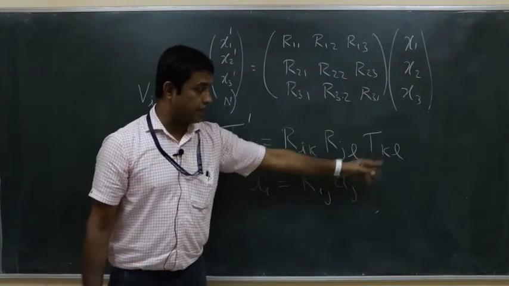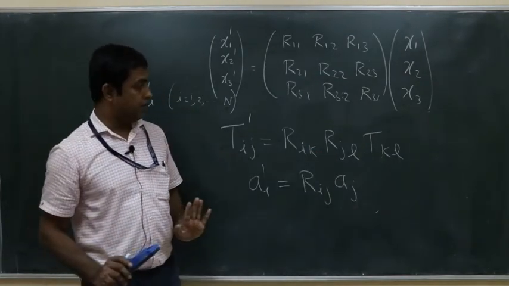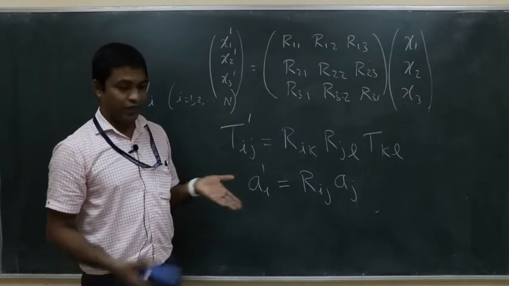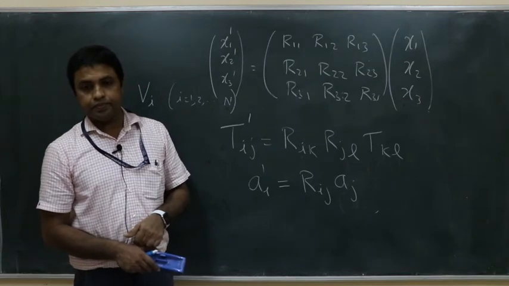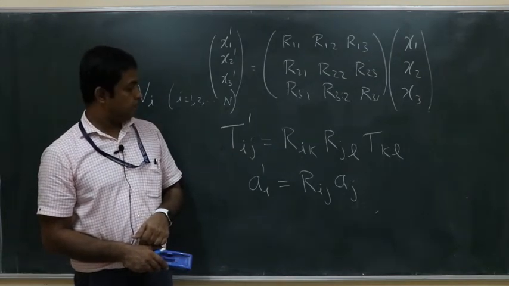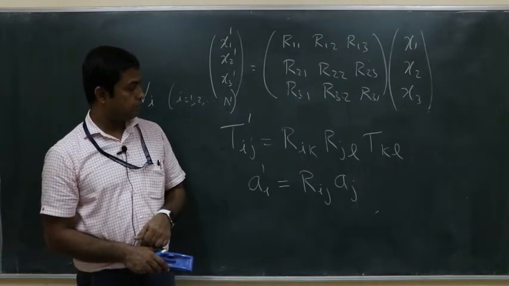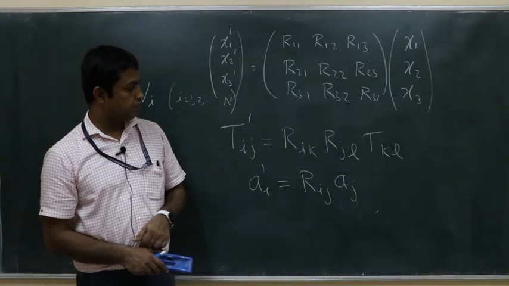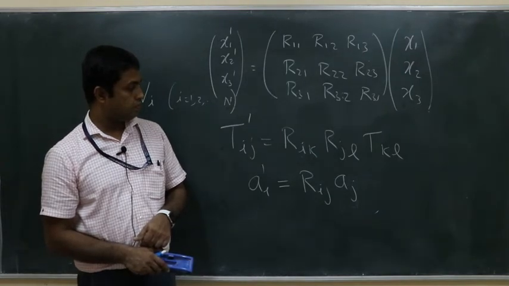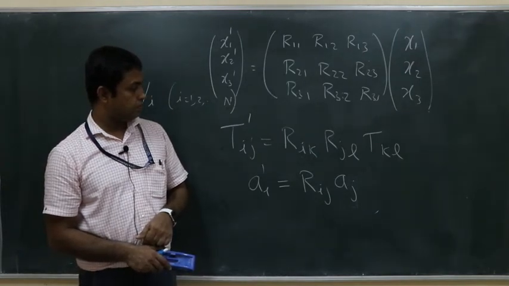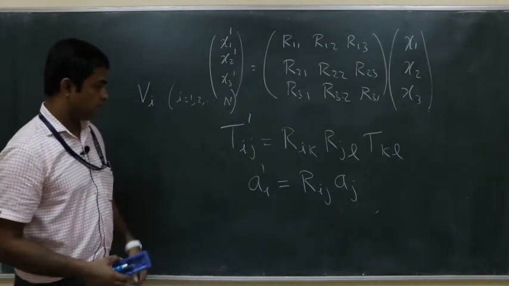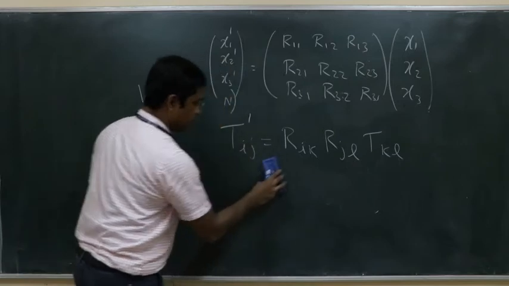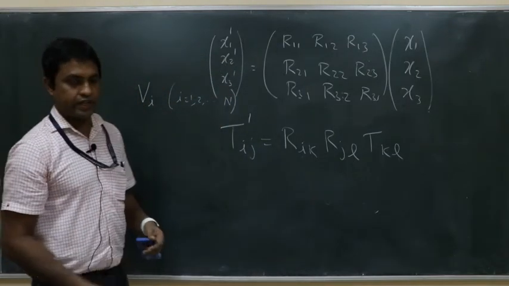So, second rank. Now you can tell me, with this knowledge, how does a third rank tensor transform? T_ijk prime is equal to R_il R_jm R_kn T_lmn. See, the rule is very simple.